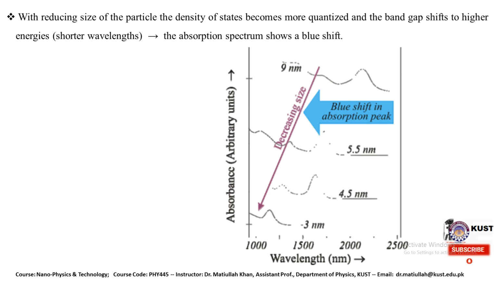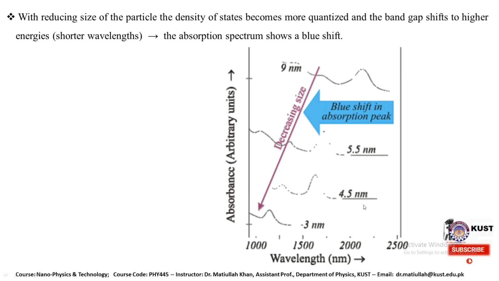If we reduce the particle size, the vertical axis shows the absorbance and the horizontal axis shows the wavelength. Here we have material with different particle sizes. When the particle size is very high, that is 9 nanometer, we see this shift. Coming toward decreasing particle size, for the particle size of 5.5 nanometer, a peak is created, but its intensity is low.